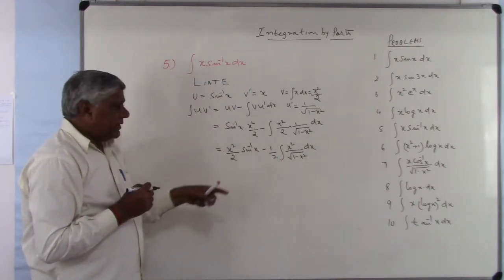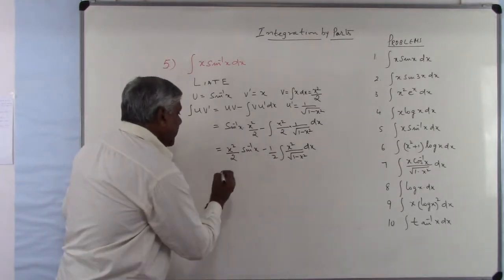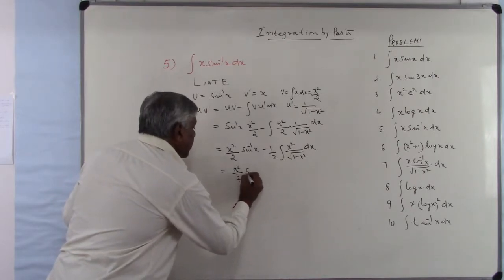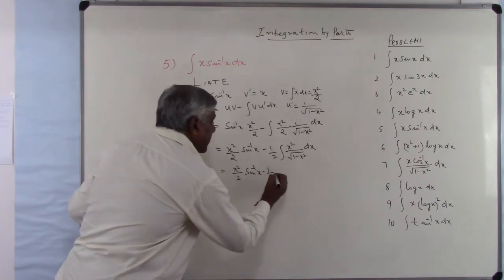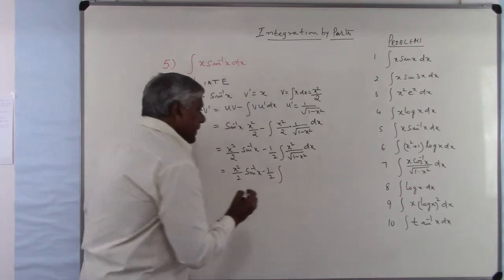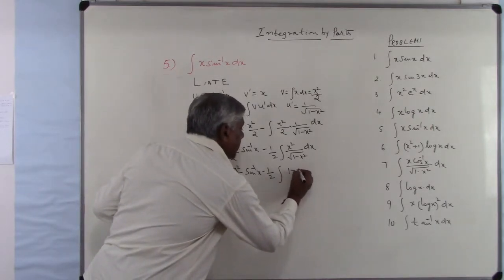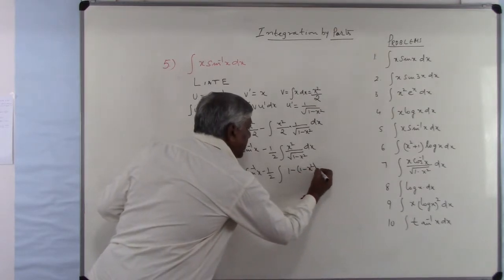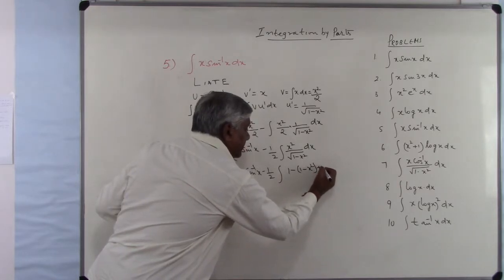Integral of root of 1 minus x square dx. Now what we are going to do here: x square by 2 sine inverse x minus the integral of, you just see this adjustment you have to make here, 1 minus of 1 minus x square plus 1.